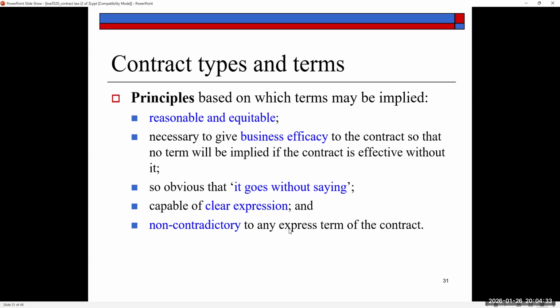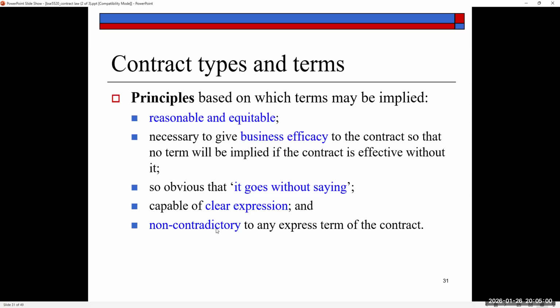Non-contradictory to any express terms. Same example, if in the contract it is mentioned that the contractor does not need to provide tools for cleaning filters. If it is stated that the contractor does not need to provide tools, then you could not imply the term saying the contractor needs to provide tools.